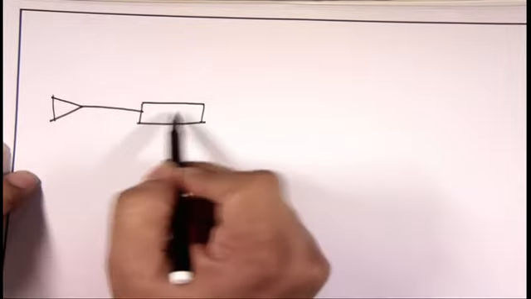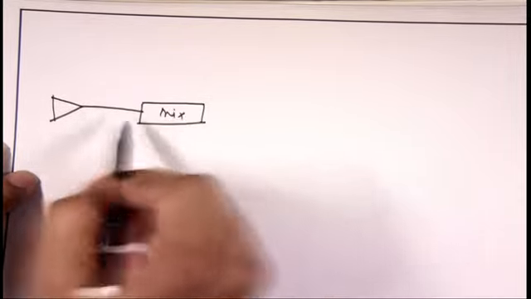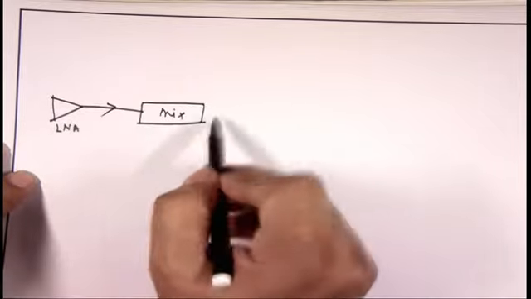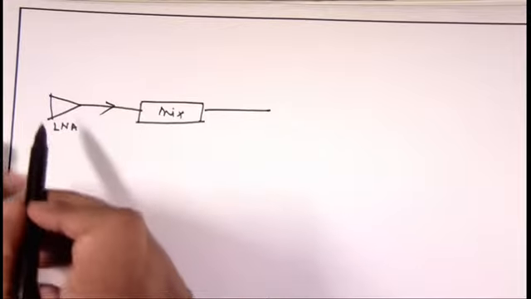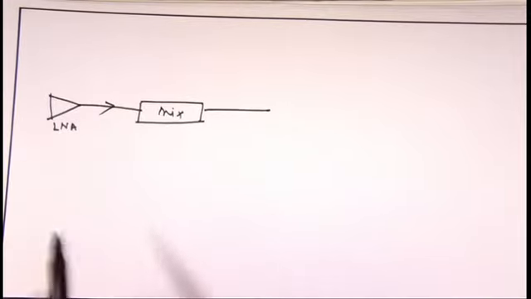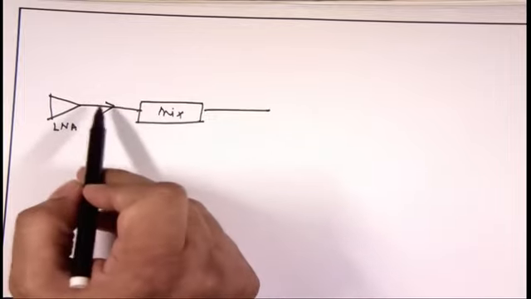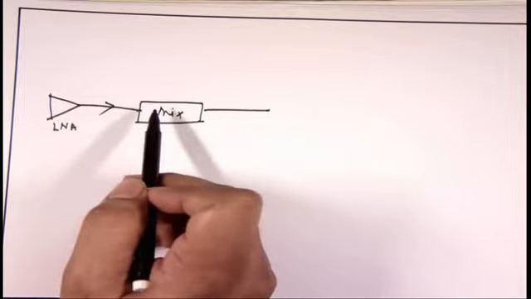So, when you have this mixer and the LNA together, you can think your antenna will be matched with the impedance of the LNA to ensure maximum power transfer to optimize the gain of the amplifier, including its noise figure. Fine. Then also in the mixer, you need the similar kind of matching.